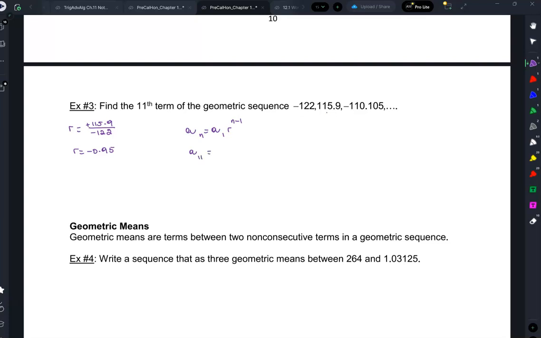The 11th term is a sub 11. That's negative 122 times r to the power of 11 minus 1, which is 10. You're going to put that in your calculator, and we're going to get negative 73.05. It's not too crazy a number because you're multiplying by 0.95, so it's getting smaller and smaller every time.